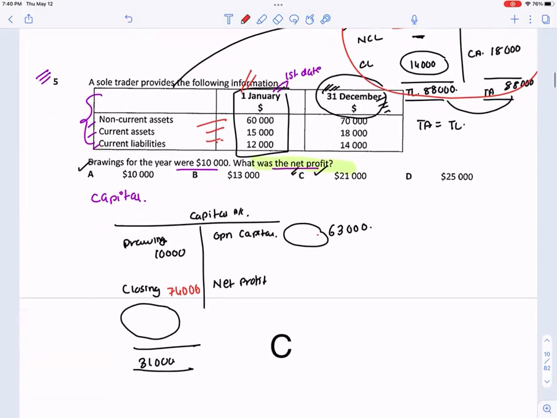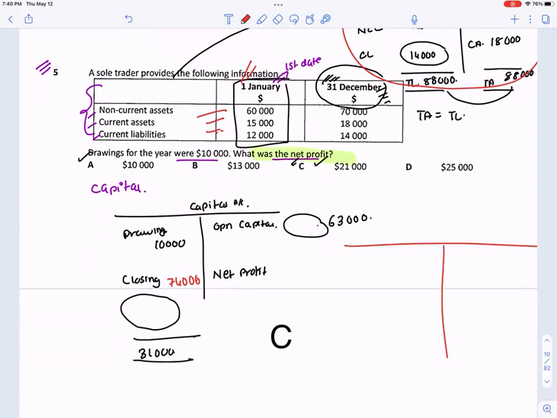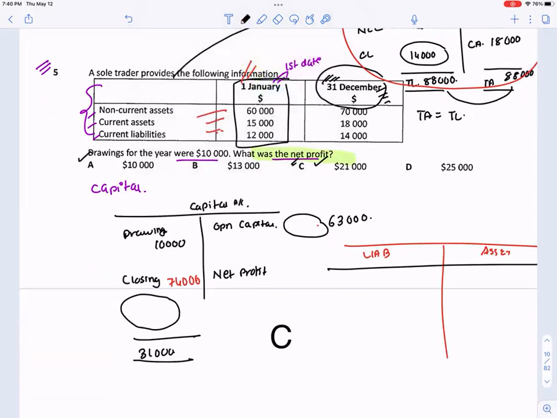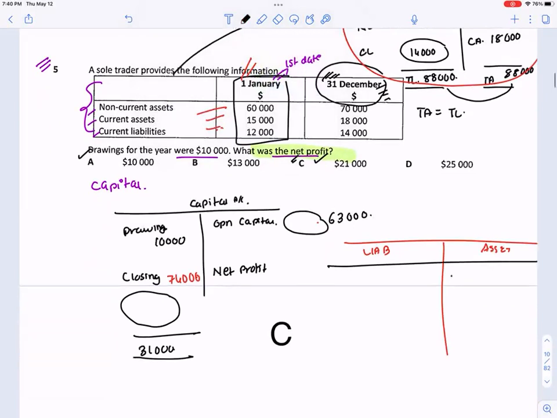Same way. Give me the balance sheet format. Here there is liabilities, here there is asset. What is asset made up of? Non-current asset plus current asset. Liability made up of? Capital, non-current liability, and current liability. This total assets will always be equal to total liabilities.